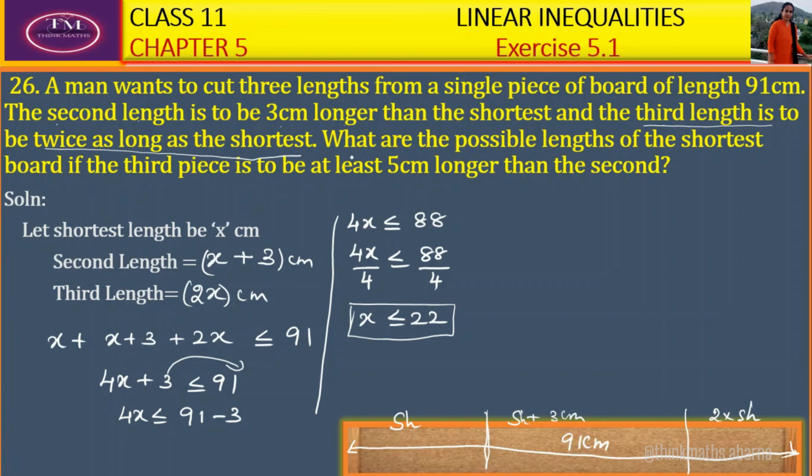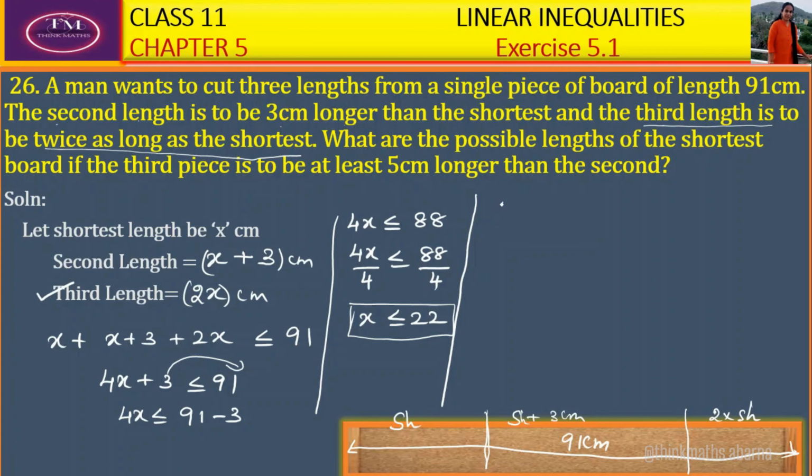Now at last, what is it? What are the possible length of the shortest board if the third piece is to be at least 5 centimeter longer than the second. Okay, what they said? Third piece. What is the length of the third piece?